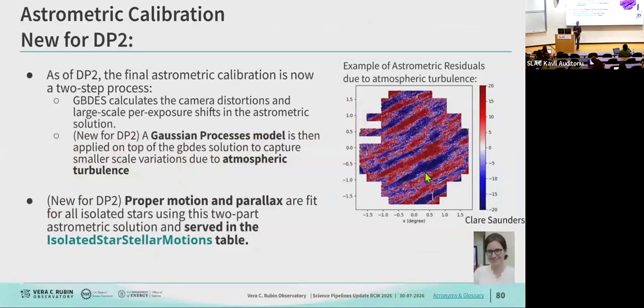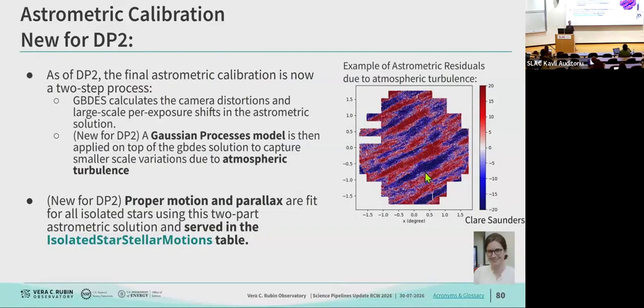What's new for DP2 astrometry is that we released an isolated star stellar motions table, which has proper motion and parallax for all the stars that went into the astrometric fit. Also, astrometric calibration is now a two-step process.